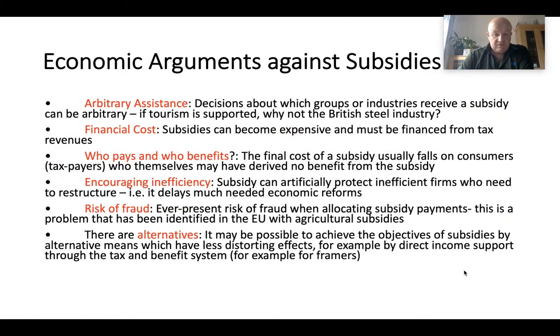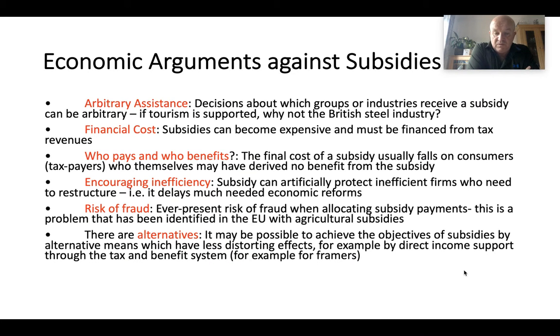So there again, further arguments in terms of how you might be able to talk about subsidies not necessarily being a good thing, and to some degree we've touched on those previously. So in some instances, which groups or industries are going to receive a subsidy? Is that an arbitrary thing? Should tourism be supported? Why not the steel industry?